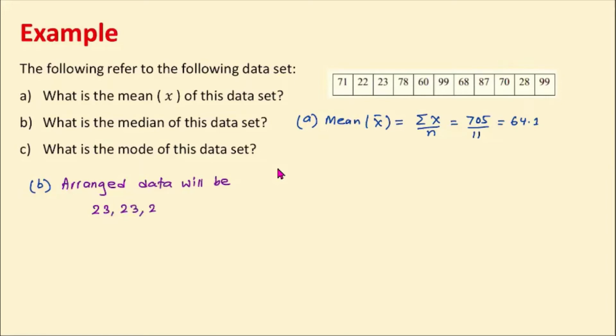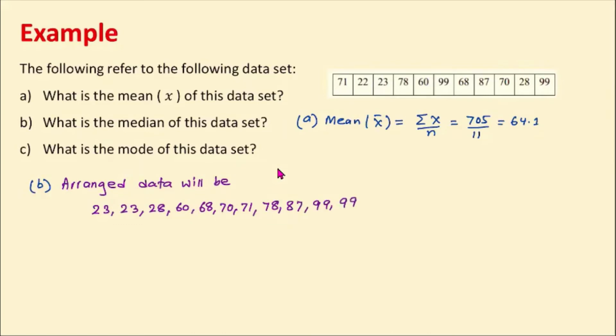Then we have 28, and then 60, 68, 68, 70, 71, 78, 87, and then 99, 99.